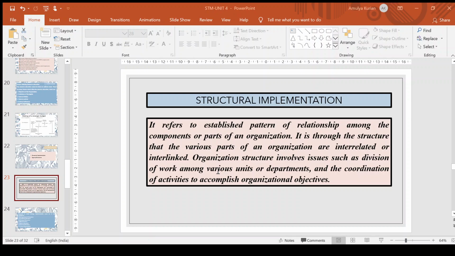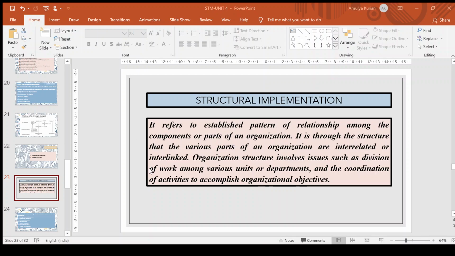So based on the relationship, there are two. One is the forward relationship, in which the structure is having an impact on implementation. The other is the backward relationship, in which the strategy is being influenced by the structure. So these are the things which come under strategy and structure.